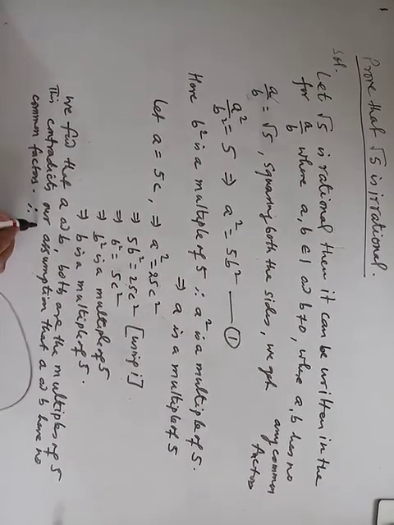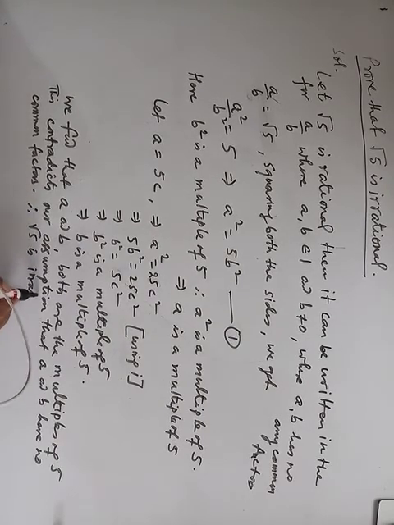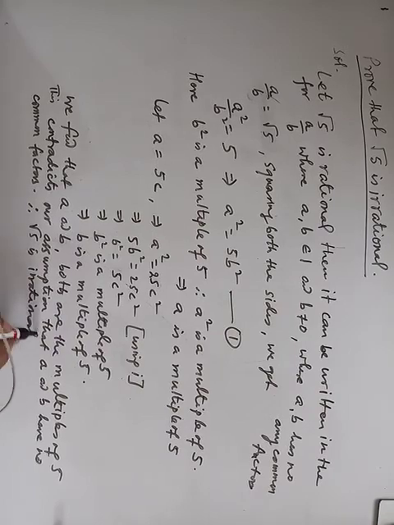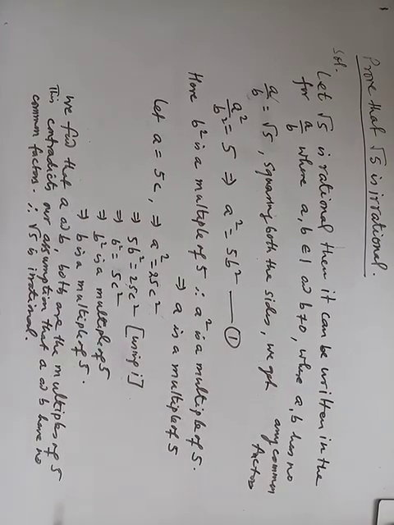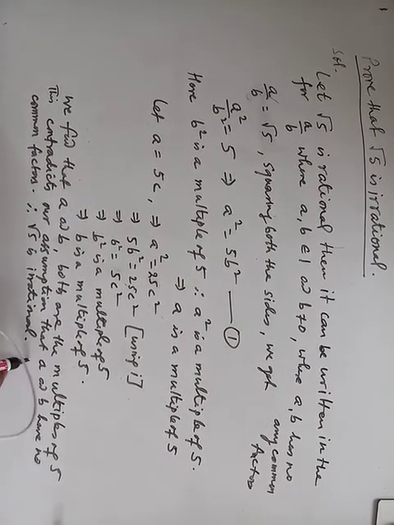Therefore root 5 is irrational. It is proved.